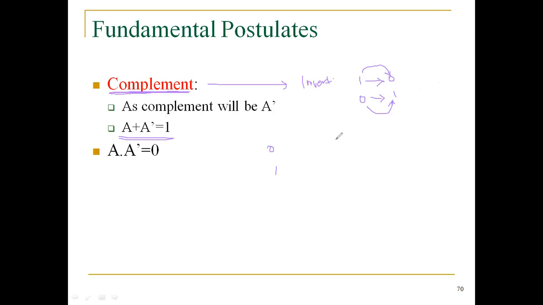The bar may be written like this or like this, both are the same. If I assume A equal to 0, applying this rule, A is 0 means its complement is 1. So 0 plus 1 equal to 1.